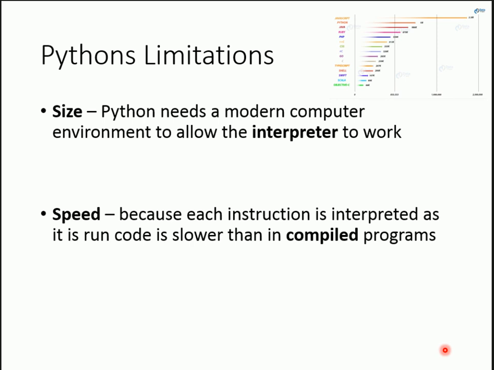Compiled programs generally talk very close to the processor language directly, normally through an operating system, but they do contain proper code that says go and do this, and the CPU does it immediately. Interpreted programs, they get an instruction, they say, well, I need to be able to do this, this, this, this, this, and this, and then it gives a list of things to the processor to do, which slows up the rate at which the program can run.